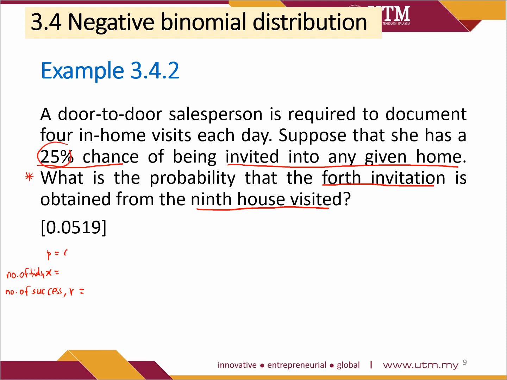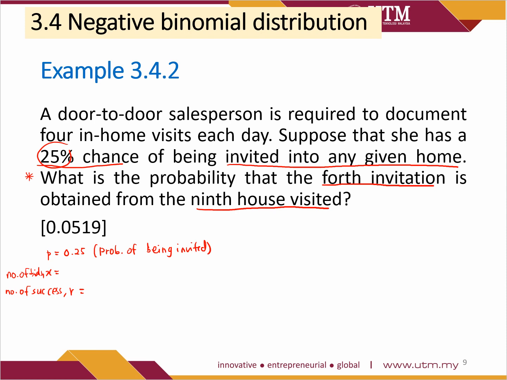Given probability 0.25 is the probability of being invited. So this answers our question. What is the probability that the 4th invitation is obtained from the 9th house visited? Meaning the probability of them getting invited.